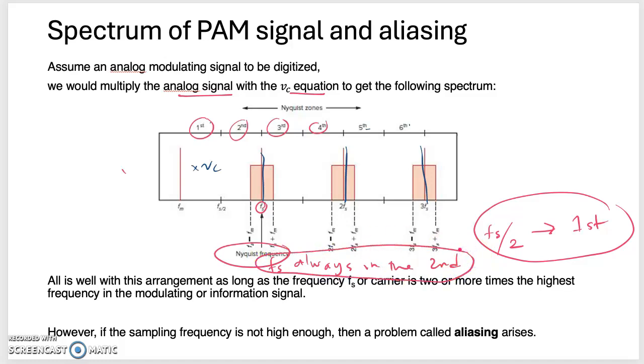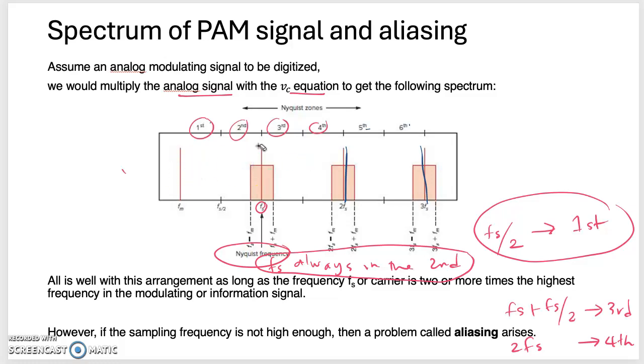This tells you the zone. And then Fs plus Fs over 2 gives you third, and so on and so forth. 2Fs is in the fourth. Third is Fs plus Fs over 2. Something like that. Now, why is it important to know this?